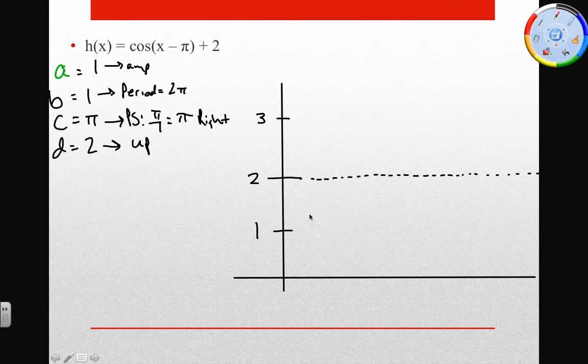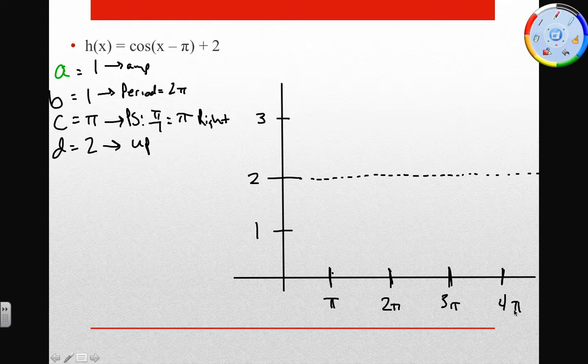Okay, so here's the rest of it. I need to go pi to the right. So I'm going to say that little distance there is pi, which means that distance is pi, and that distance is pi. So that's 2 pi, and that's 3 pi. And if you want to, you can put on a 4 pi.